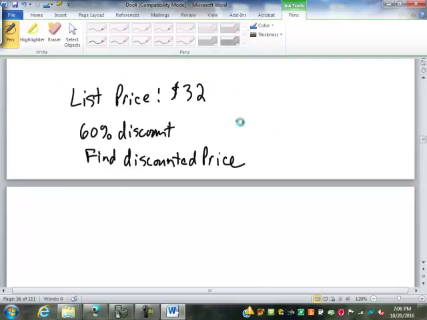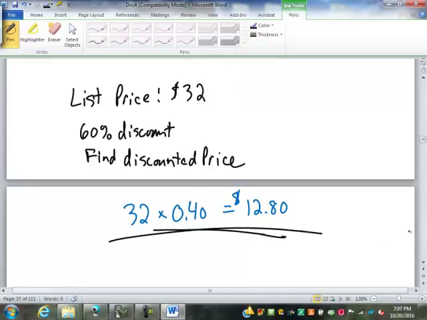So what are we going to do here? It's going to be $32 times 0.4. Good. The complement of 60% is 40%, which is going to give us $12.80. Okay. The reason I'm doing it this way is it is not uncommon to go through several discounts before something is sold.